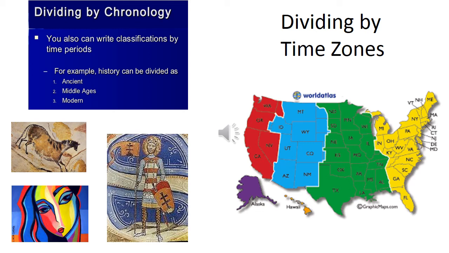If we were going to create a group by time period of artworks, you would have, of course, the cave drawings as ancient art, the Middle Ages artwork of the knight in shining armor, and of course the modern art, the multicolored, hip, psychedelic modern art. Then also you may want to divide by time zones, and a map of time zones easily depicts how we might classify the different states and what time zone they belong in.